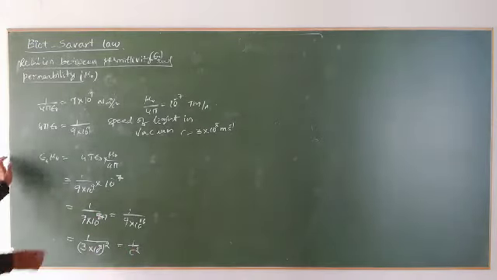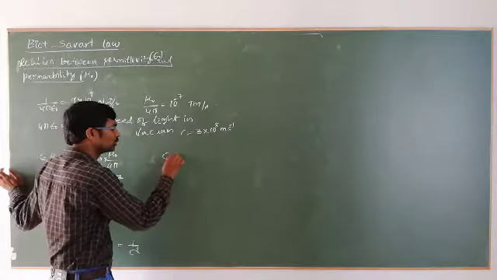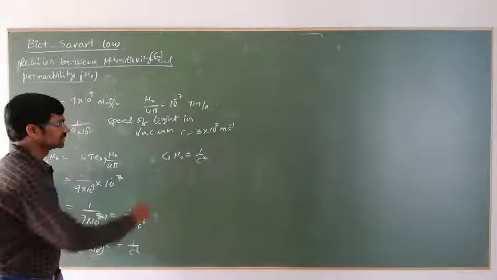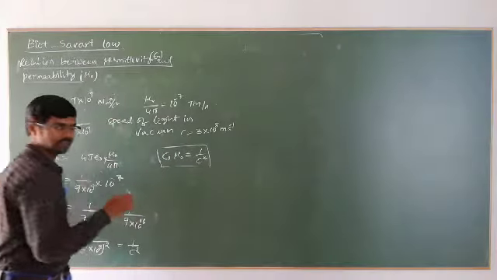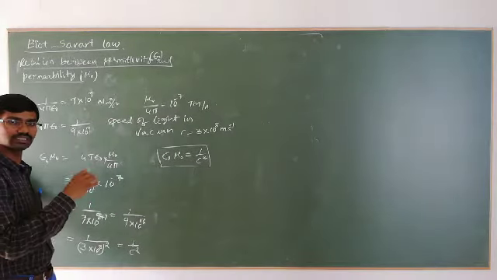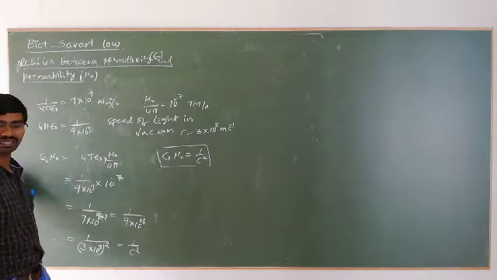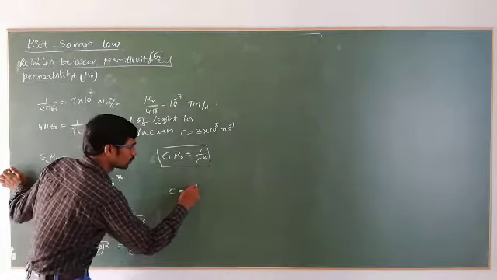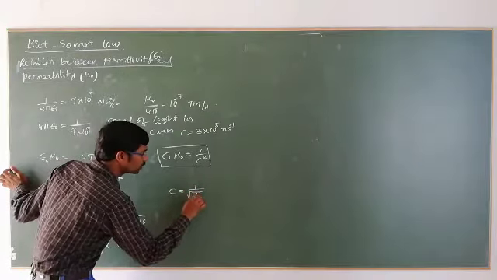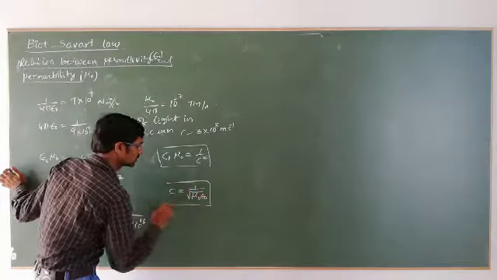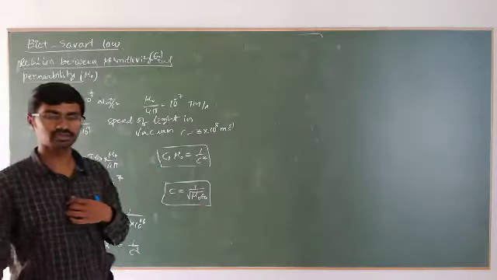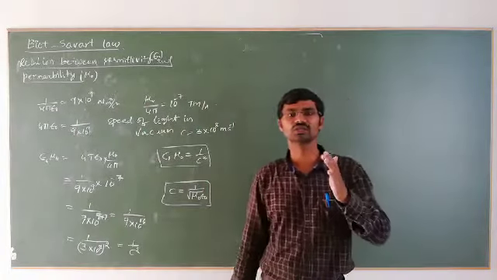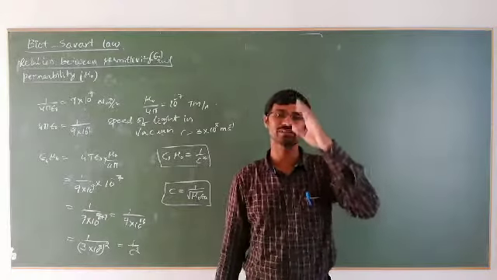Therefore, epsilon naught into mu naught is equal to 1 by c square. This is a very important expression when we get to electromagnetic waves. From this we can write c is equal to 1 by root over mu naught epsilon naught.